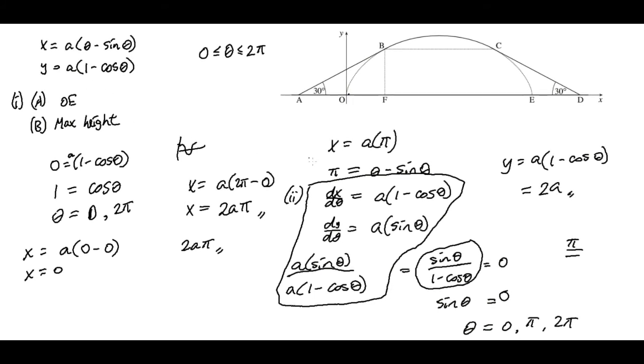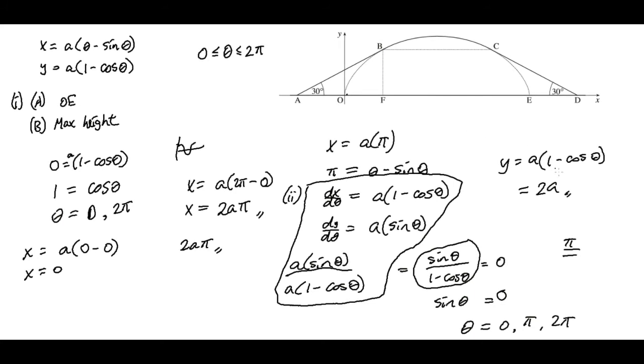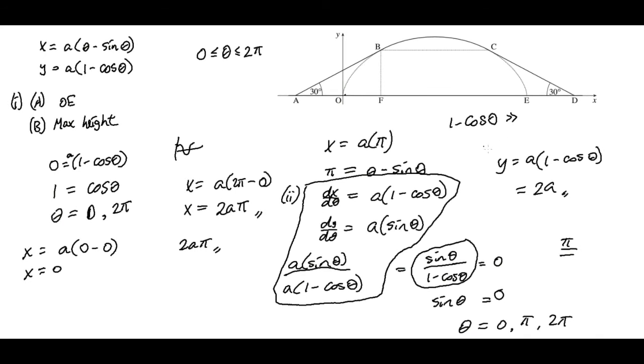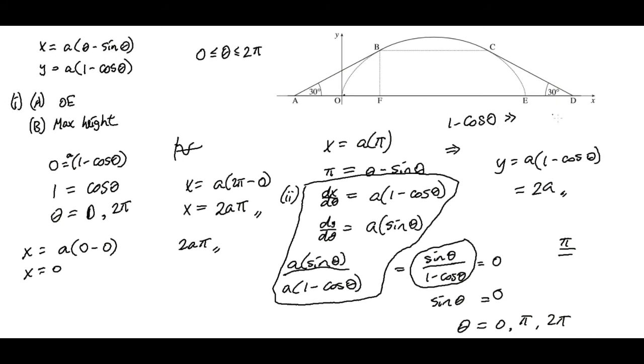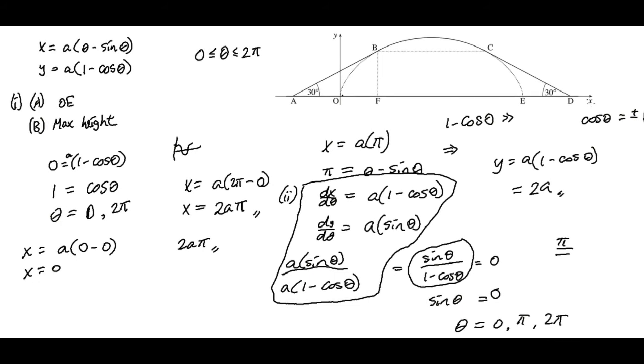I'm going to skip part 2 later, but to find the max y, there's actually an even easier way. You do not even need the pi. You just need to look at this and say, okay, a is out of the equation, it doesn't matter, it's what is in the bracket that matters. So 1 minus cos theta has to be as big as possible, and cos theta is either +1 or -1 for it to be a maximum or minimum value.